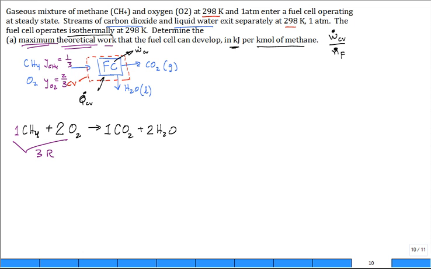Let's go ahead and write down then our second law for this reacting system.